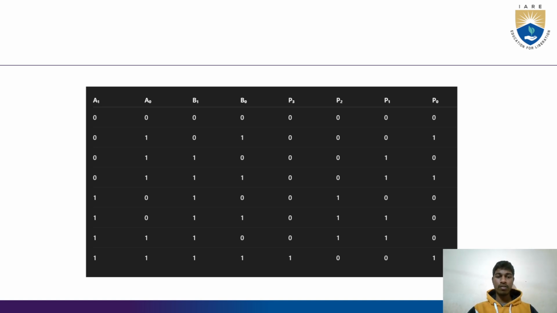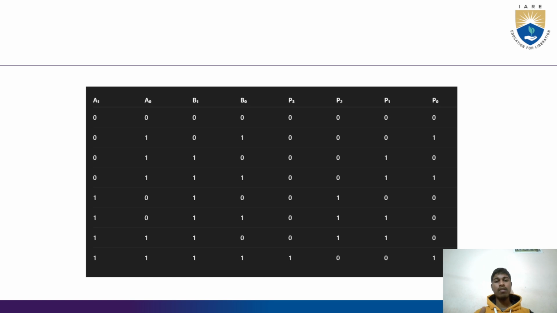A1 A0 is 0 1, so one is true, one is false, so false. In the same way, A1 A0 follows to P3. At the end of A1 and A0, we have both true. So when both are true, we get the true output. So in P3, we have the true output.